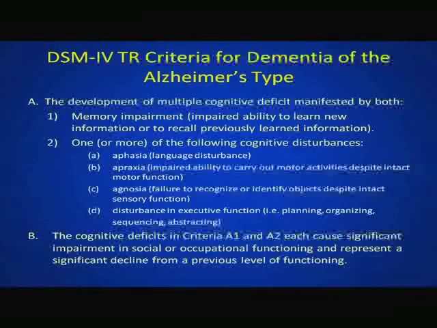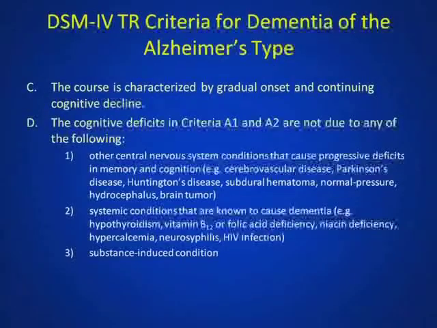When we take a look at the DSM-4-TR criteria for dementia of the Alzheimer's type, what we want to see is memory impairment along with one of the following cognitive disturbances: aphasia, apraxia, agnosia, or a disturbance in executive function. However, what we would also like to see is in the C criteria that the course of the decline is gradual in onset and continuing.